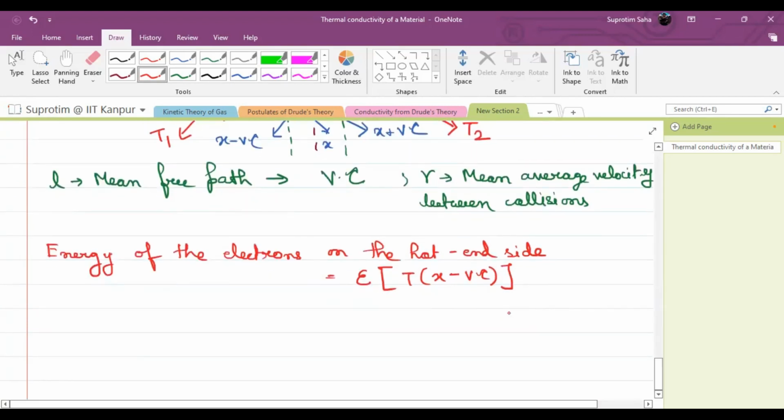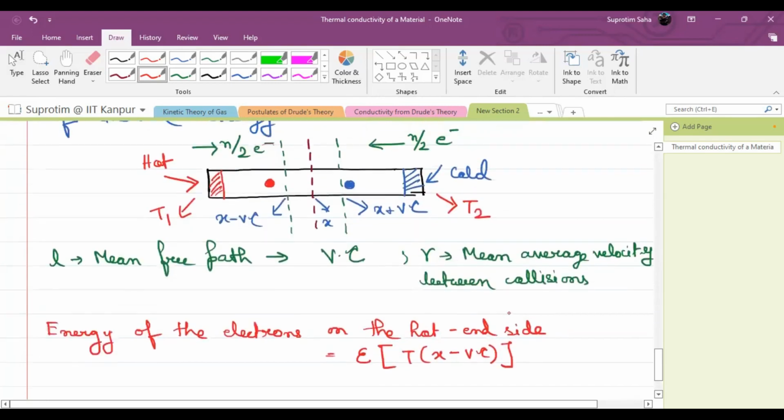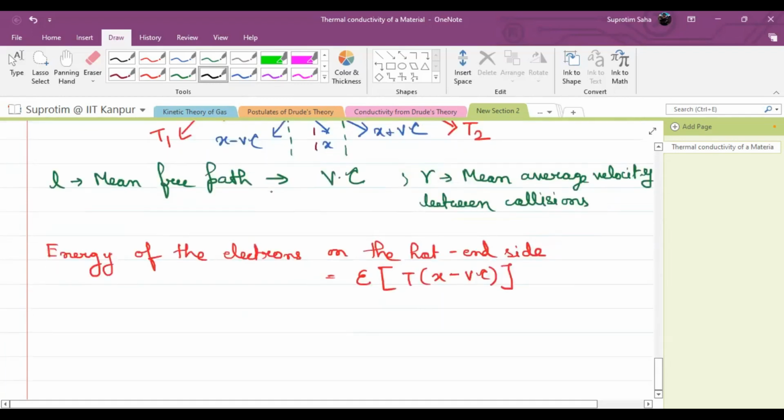So this energy at a point, let's say at x minus v tau, will be dependent on the temperature at that point. So naturally, the energy of the electrons on the hot end side, at this point, will be given by epsilon, which is a function of T, with T at the point x minus v tau.